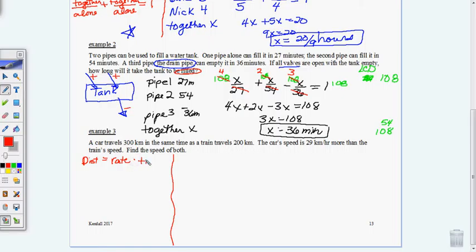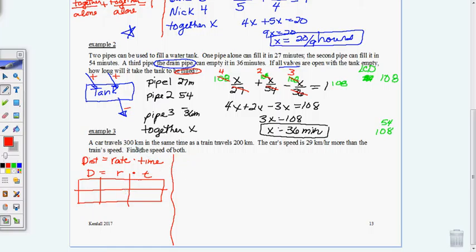Every teacher approaches these differently. I like to set up a little chart with distance equaling rate times time, and then I fill in all the pieces that I know and figure out what I don't. So that is how I am going to approach this.